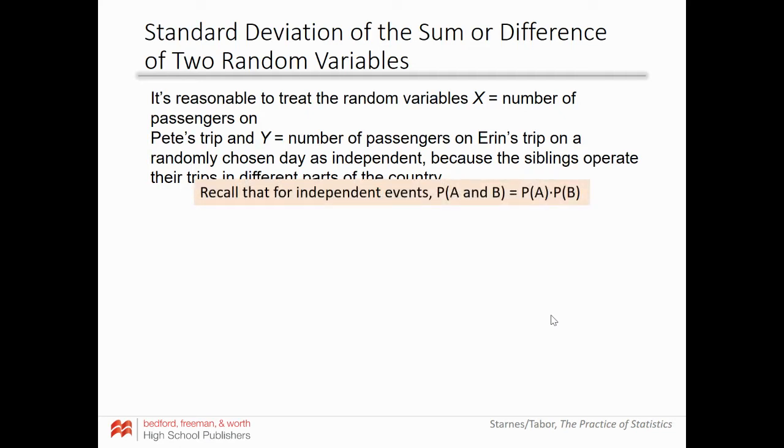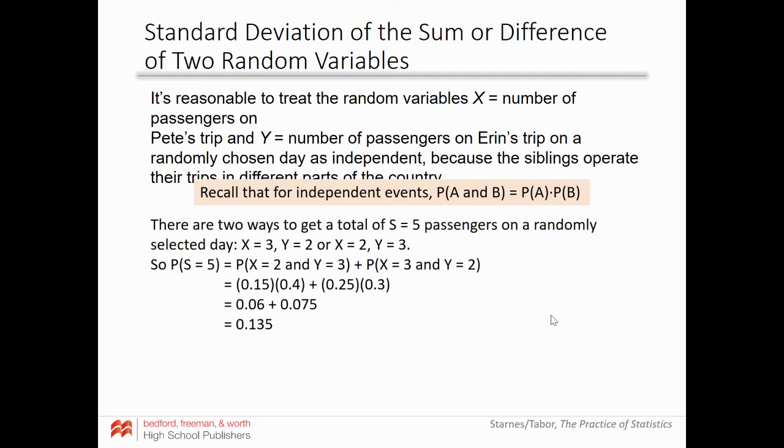And therefore, for independent events, P of A and B is just P of A times P of B. So there are two ways to get a total of 5 passengers on a randomly selected day. You could have x equals 3 and y equals 2, or you could have x equals 2 and y equals 3.